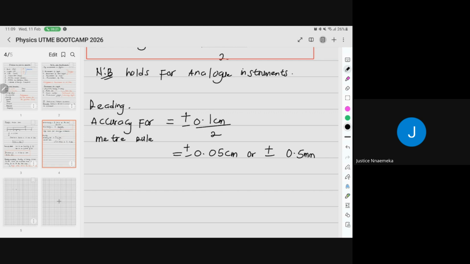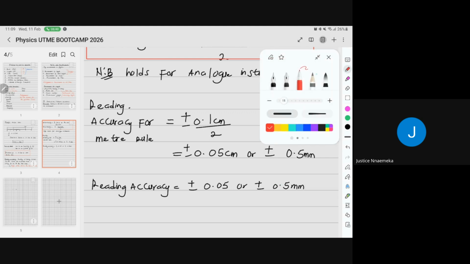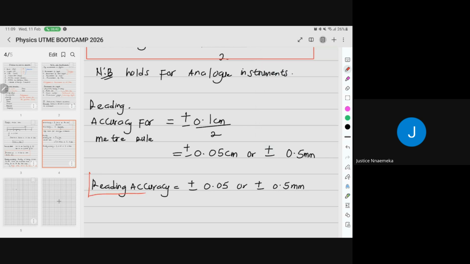So that is what the reading accuracy is: plus or minus 0.5 millimeter. What that simply entails is that we have a reading accuracy of this for your meter rule.